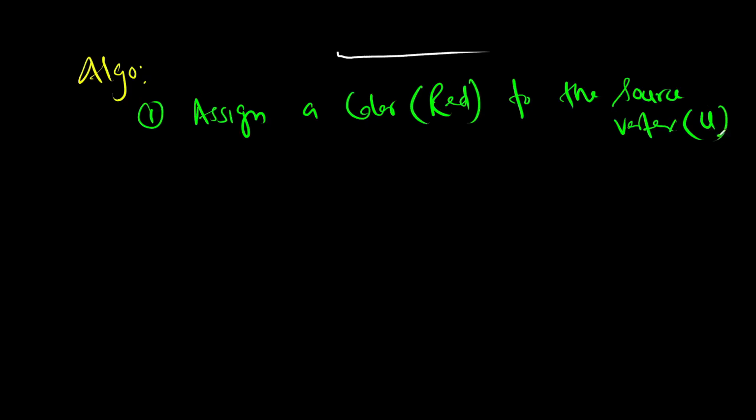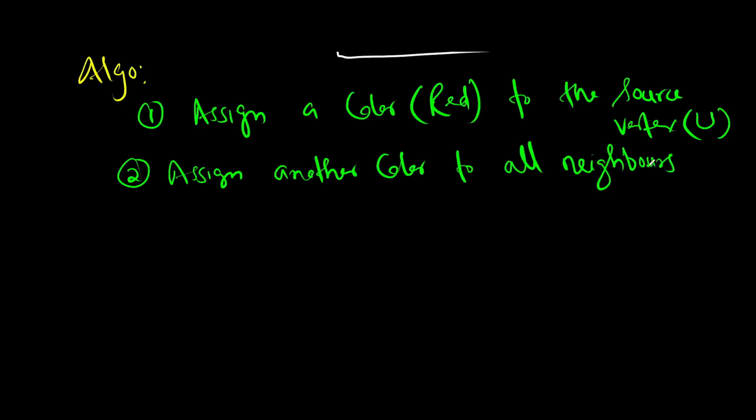It could be U, or write it as capital U. We are using this particular set as the source node U. Second, assign another color to all neighbors. And what could that color be? Suppose we take blue or maybe green, whatever you want, and this will come from the V set.